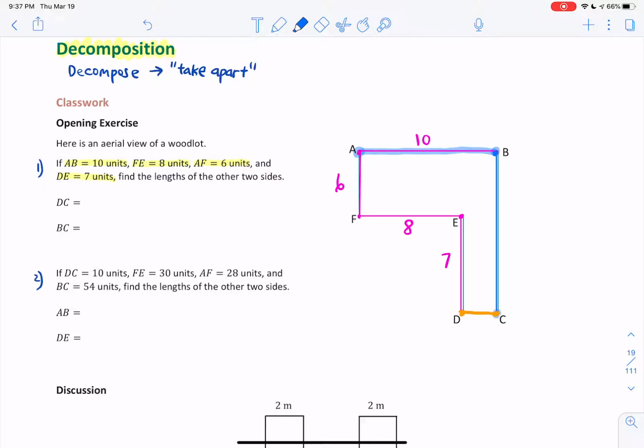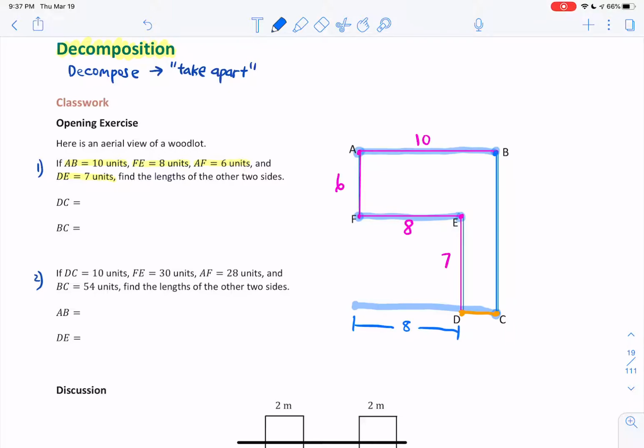So the length from C all the way to this imaginary point right here, if I were to go across, would actually equal 10. And what I do know is that from this point to this point is already 8. So let me label that. From here to here, it is 8 units long.